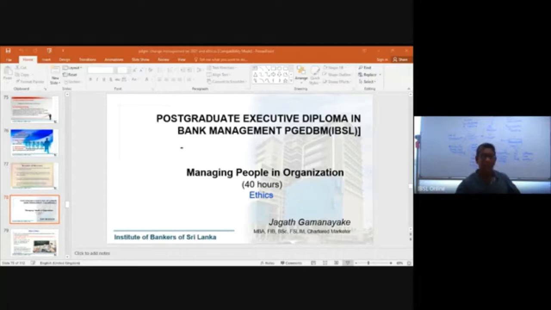Therefore, the Banking Act, which the central bank is going to implement maybe early next year, may address the penalty for disclosing customers' information. But as a banker, it is a professional duty to maintain the fundamental principle that confidentiality needs to be maintained.